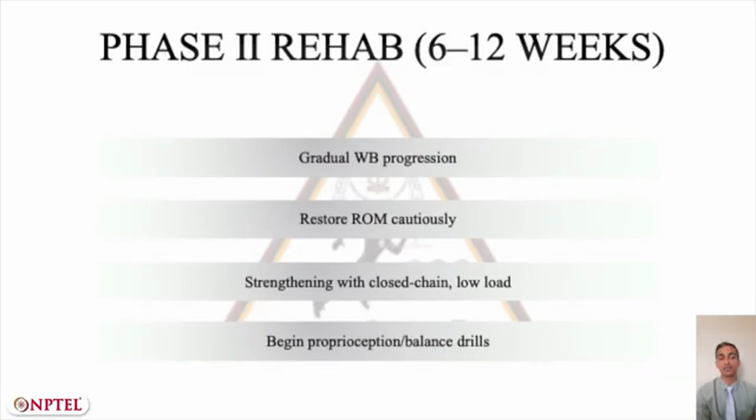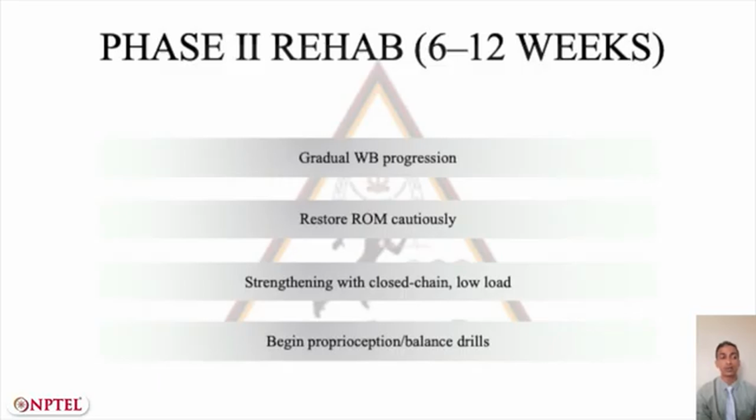In this phase of the rehab, we focus on gradual weight bearing progression. Depending on the surgical protocol the patient has undergone, the ROM, or range of motion, of the knee is restored cautiously, and it again depends on the surgical protocol. Strengthening progresses with closed kinetic chain, low load drills.